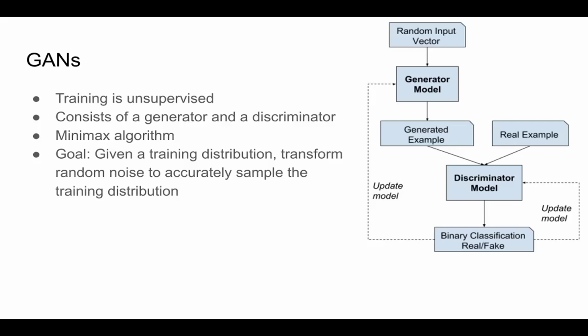A generative adversarial network is composed of two parts, a generator and a discriminator. The generator generates a distribution of images that accurately samples a training distribution, while the discriminator tries to differentiate between fake and real images. To illustrate this, consider an example where there is a group of counterfeiters that are printing fake money, and there are police that are trying to distinguish the fake money from the real money.